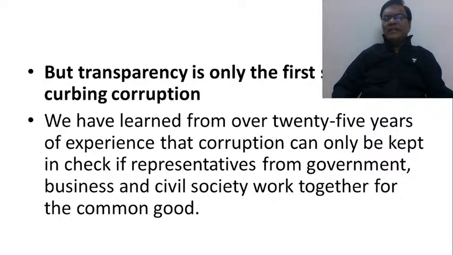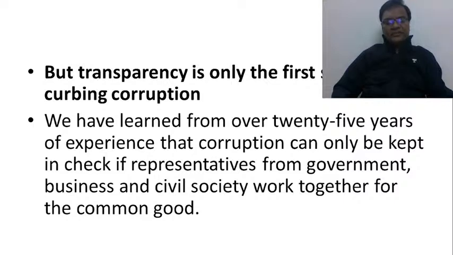We need to implement judicial reforms, legal reforms, police reforms, budgetary reforms, civil services reforms, governance reforms, reforms in the functioning of regulatory authorities. We need to implement electoral reforms, administrative reforms, parliamentary reforms.